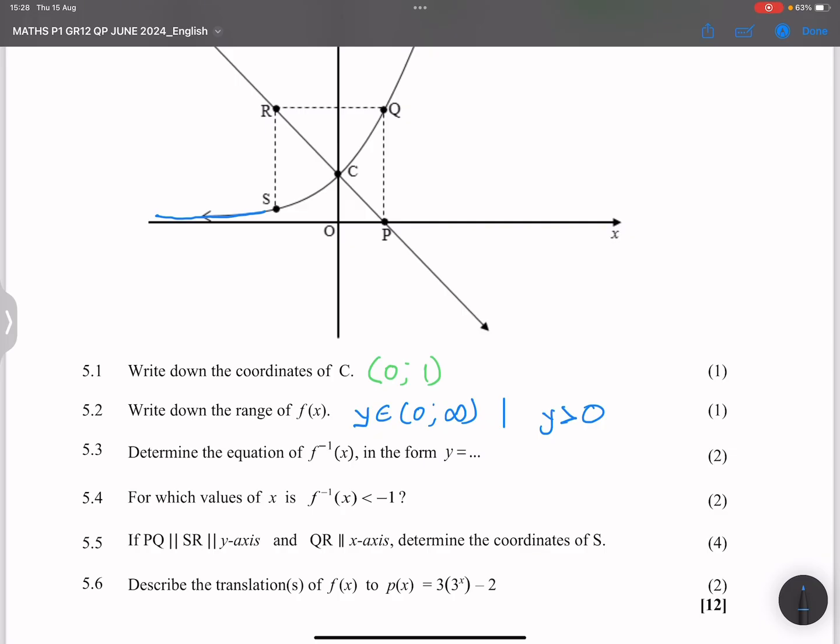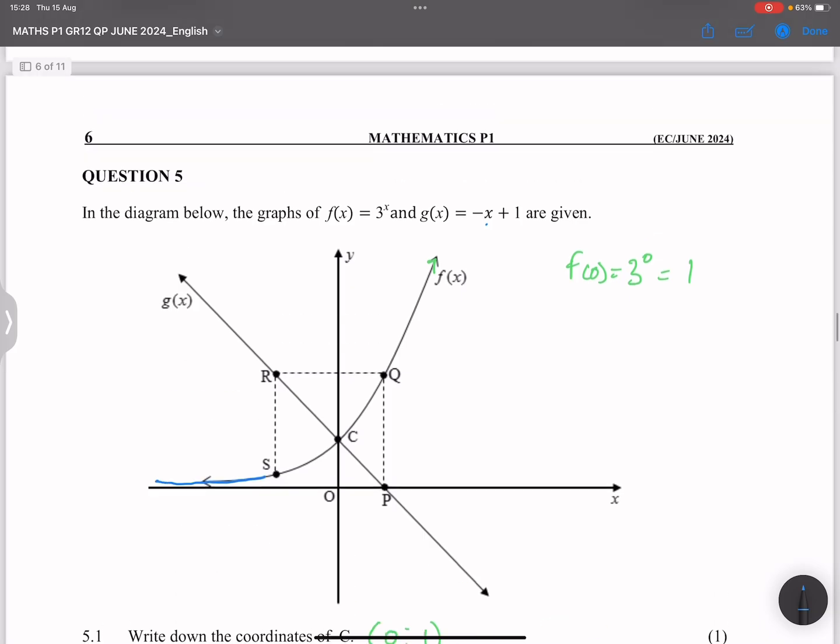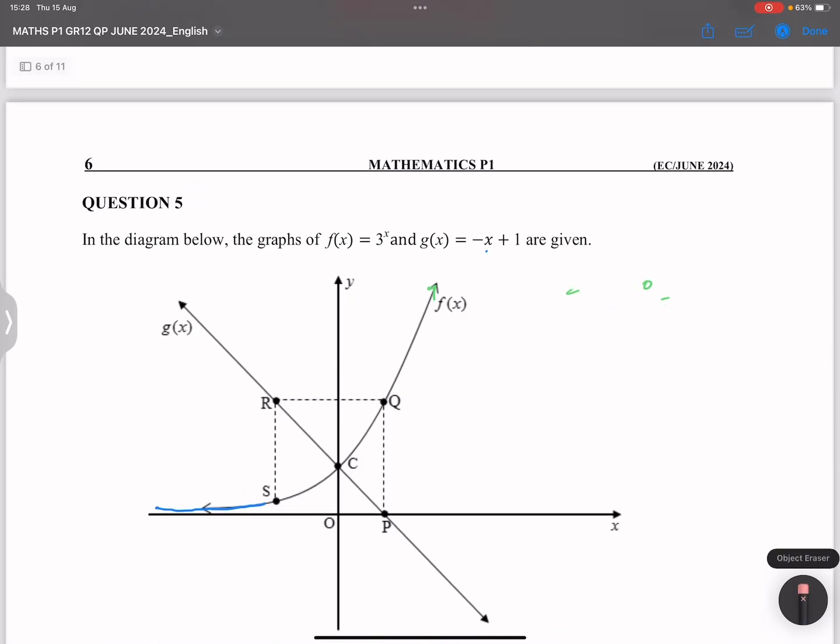Now they say to you, determine the equation of the inverse of f in the form y equal to. Now remember, guys, when we are changing the exponential graph, we've got y is equal to 3 exponent x.